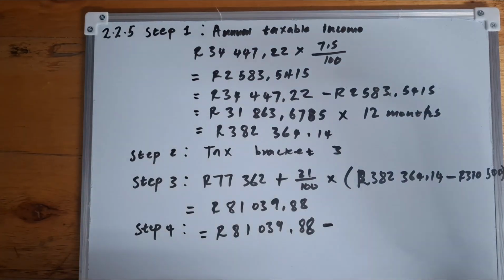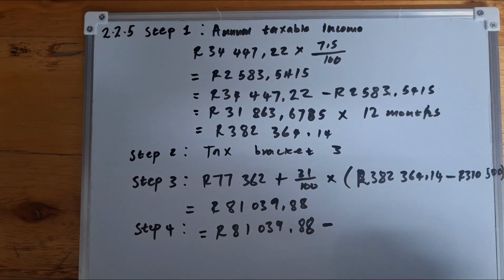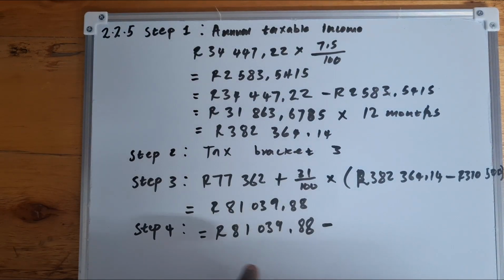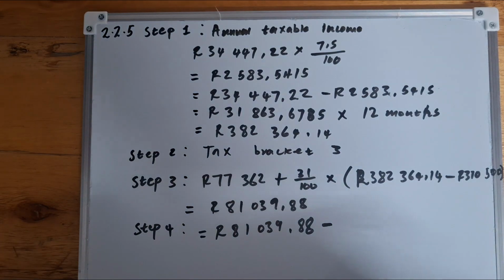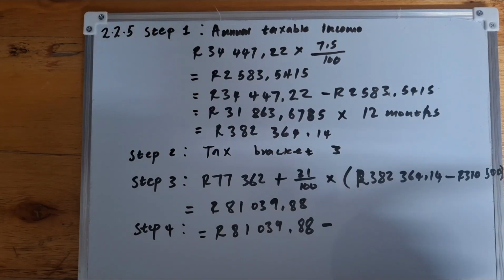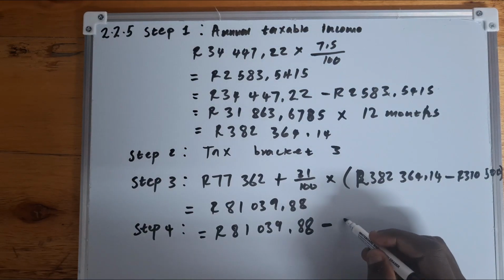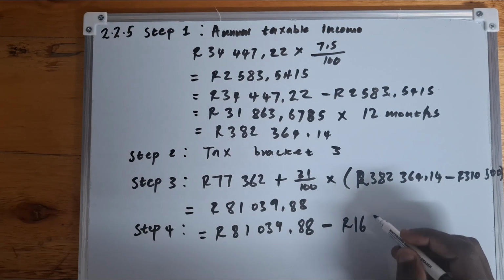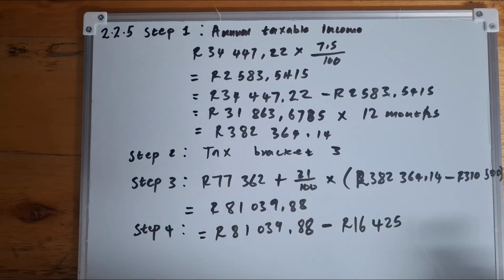In order to minus the tax rebates, the age of the person will guide you into choosing the correct tax rebates. In this case, Chloe is a 51-year-old, so she's under the age of 65. This means you will only receive the primary tax rebate of 16,425. This is the only tax rebate you'll receive.